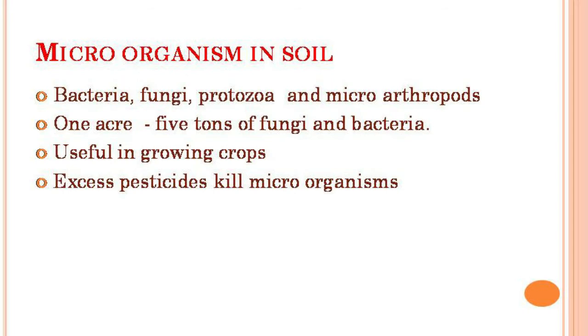They will get mixed with the soil and kill the microorganisms, which will really affect the soil fertility, because these are all helping the soil to become fertile. Now it will become a problem, isn't it? That is what actually happens when excess amounts of pesticides are used on the crops.